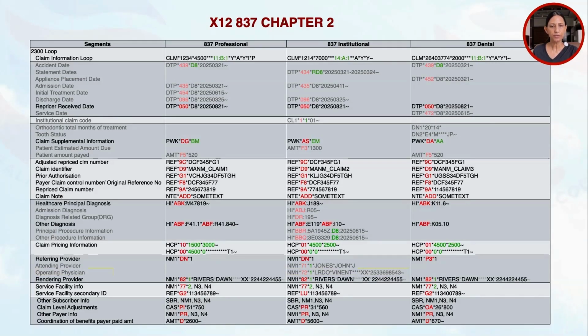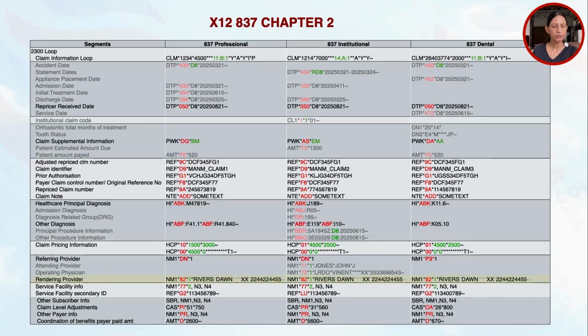Then again, a very important provider information is the rendering provider information. The rendering provider is the healthcare professional who delivers or completes a particular medical service or non-surgical procedure. The rendering provider segment is used when he is a different person from the attending or the operating physician.